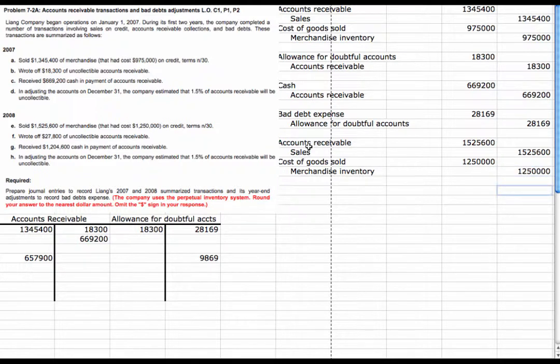Next, we write off $27,800. So what I'm going to do is debit the allowance for doubtful accounts, and we're going to do a write-off of $27,800. If we do the write-off, we're going to reduce the accounts receivable for the same amount.